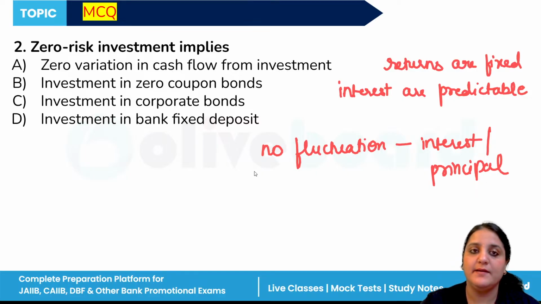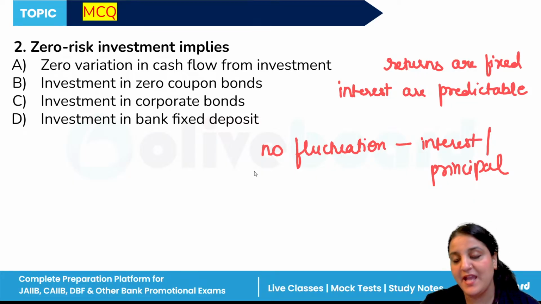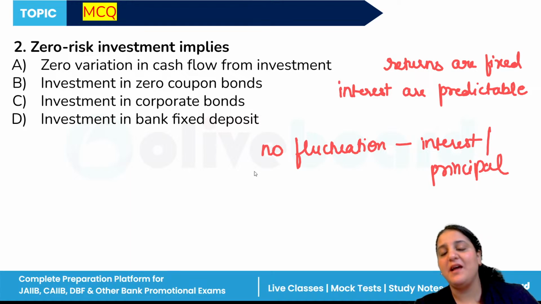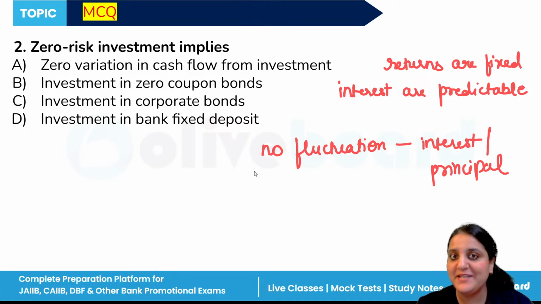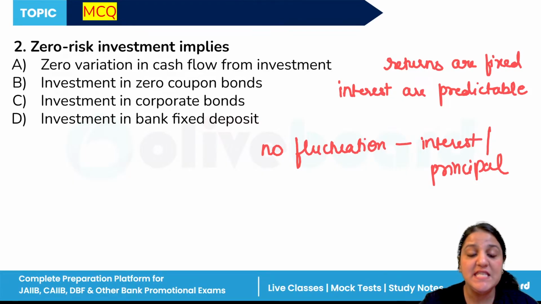In return, investors get the interest regularly till maturity, and also the complete principal amount at maturity. So the correct answer to this question is zero variation in the cash flow from the investment. Option A is correct here.